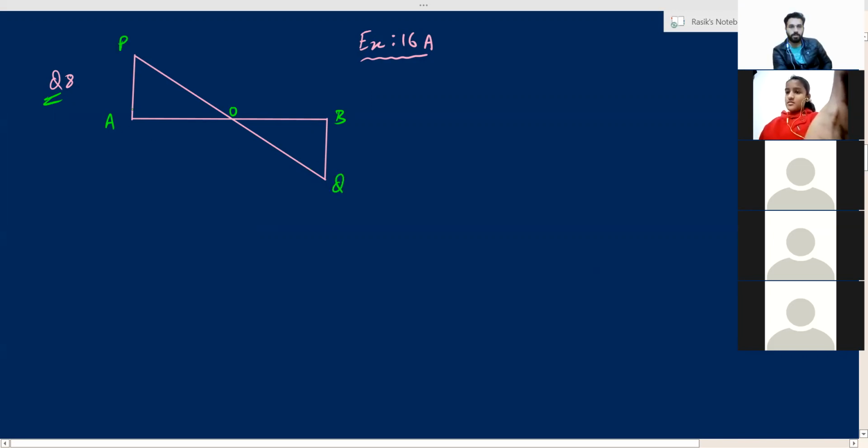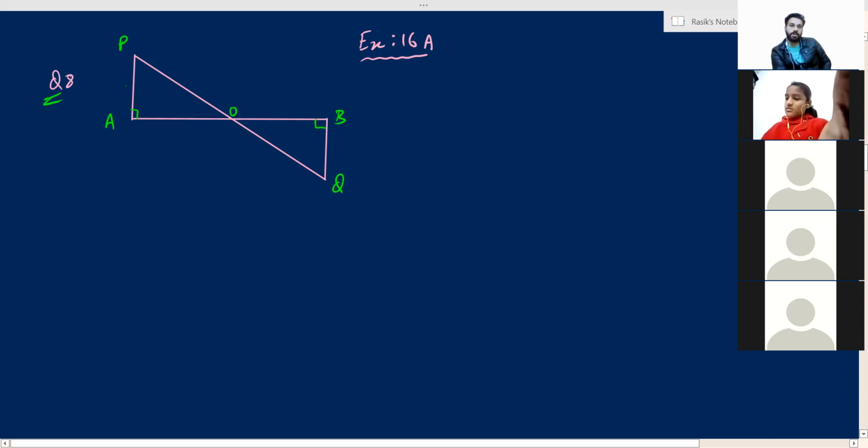Wait a minute. This is perpendicular to this. This is perpendicular to this. Given that, no, not SAS. Given that PA is equal to BQ.